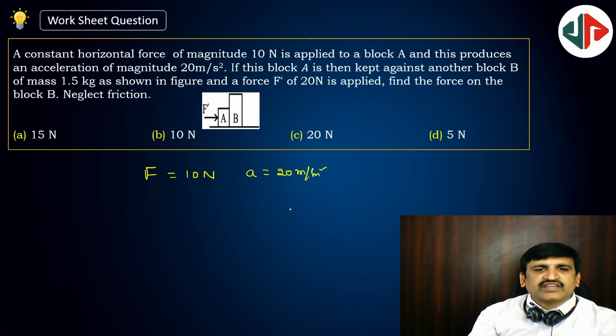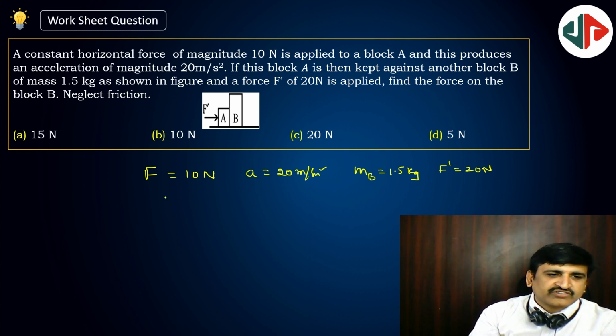If this block A is then kept against another block B of mass 1.5 kg, as shown in the figure, and force F dash equal to 20 newtons is applied, find the force on the block B. Neglect friction.